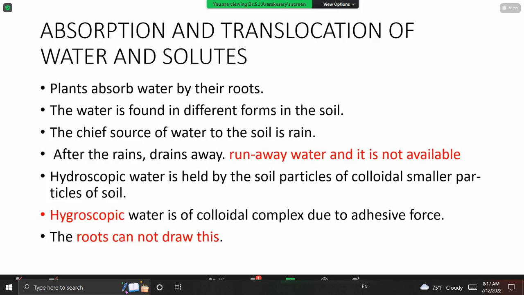Generally, there are three forms of water. Can anyone say the three forms of water your plants get? Three forms of water the soil gets. Runoff water, hygroscopic water, and the percolation water. Okay? Good.